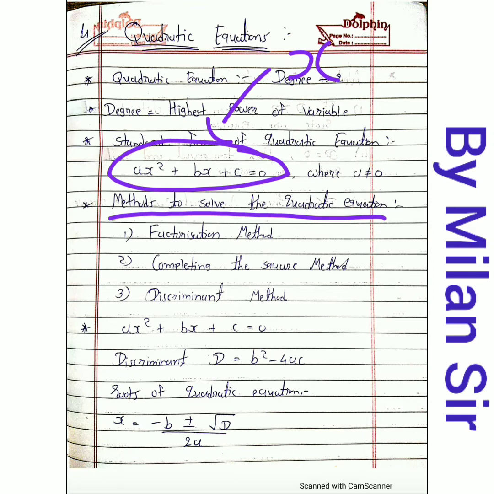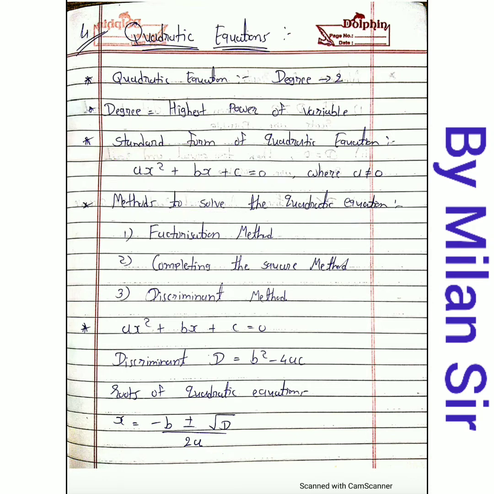It is called a solution of the quadratic equation. We already learned one thing in chapter 2, that degree is equal to the maximum number of zeros. Zeros and solution of equation are the same.